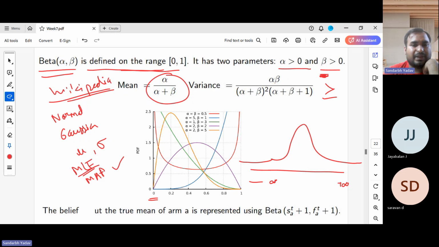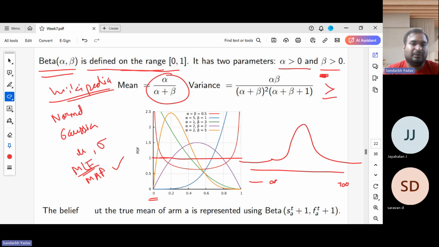And these are some samples of the beta distribution. If alpha and beta are both 1, then it becomes a uniform distribution like this. For different values of alpha and beta, for example the red one corresponds to this distribution, and if you have alpha 2 and beta 2, then it will become like this.